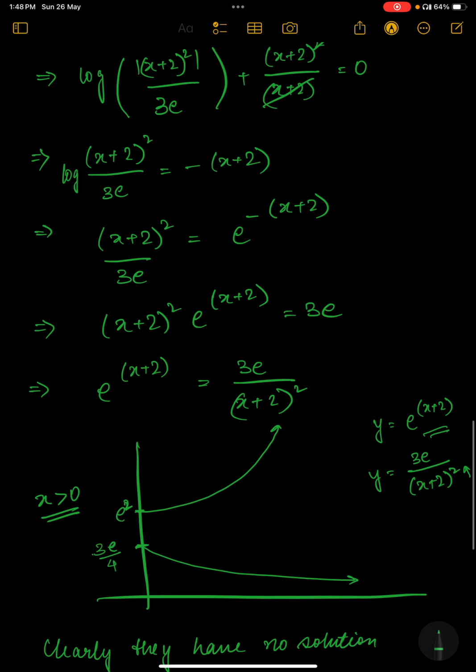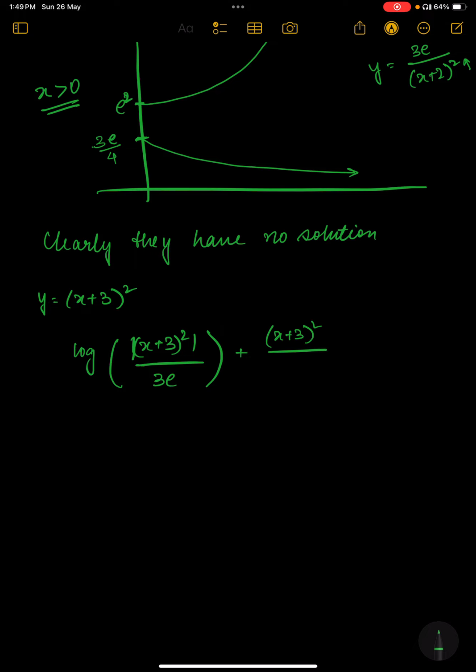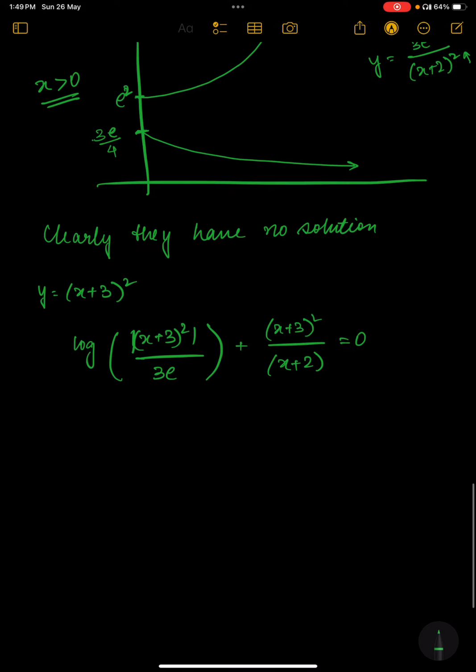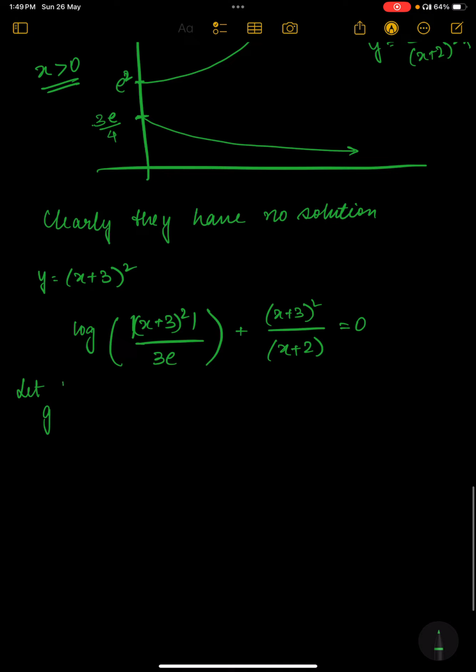And finally we go to our final option, that is D. So we are given y is equal to x plus 3 whole square. Now again, applying it quickly to the term mod x plus 3 whole square by 3e plus x plus 3 whole square by x plus 2 is equal to 0, we'll take a different approach now.